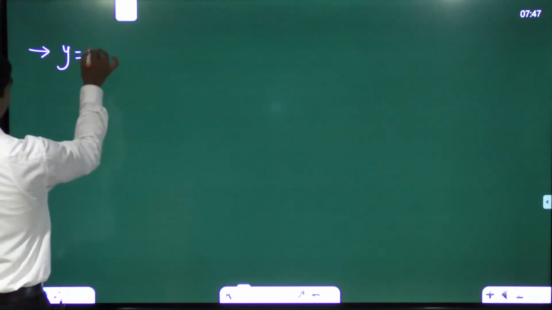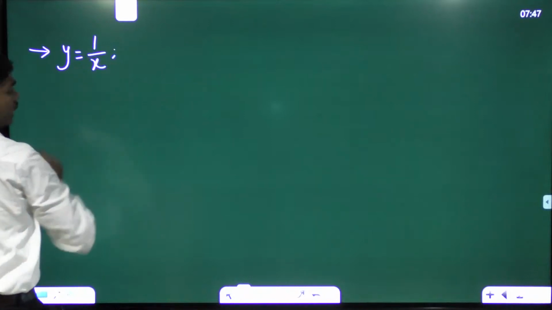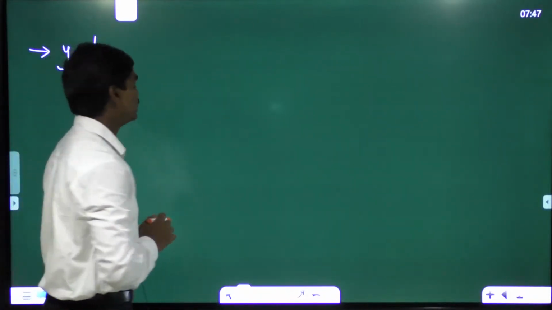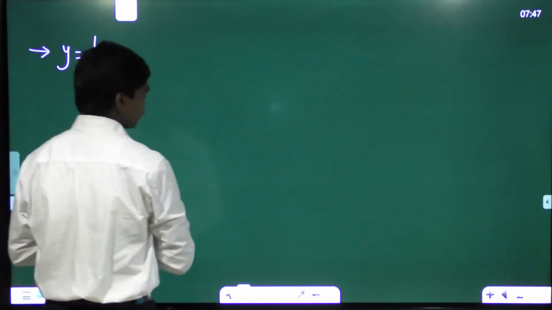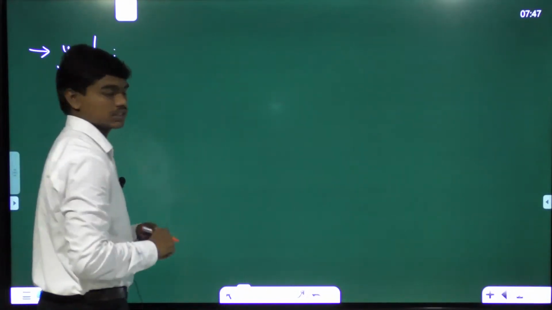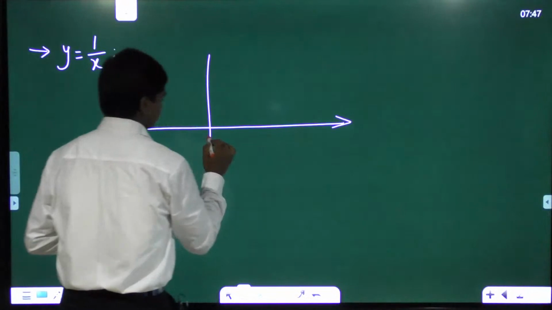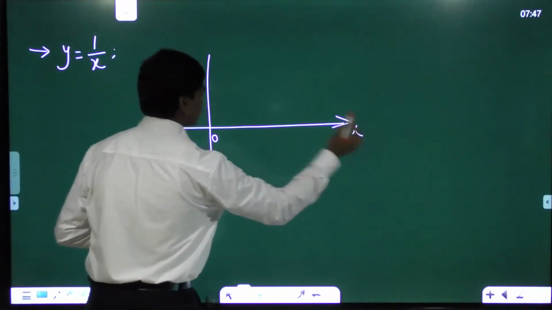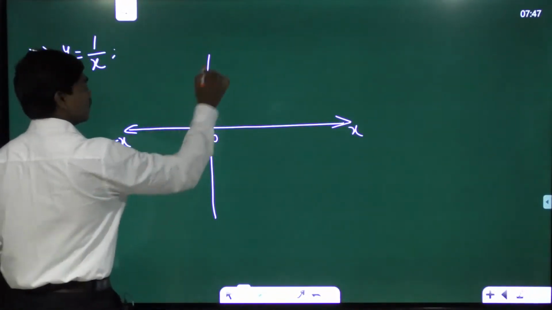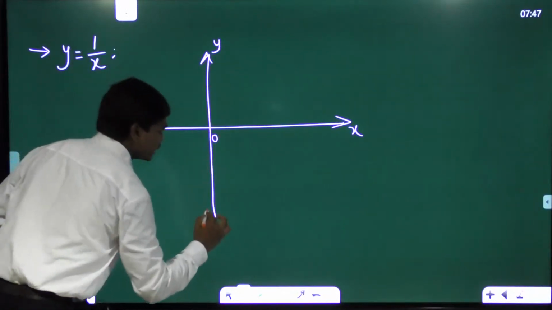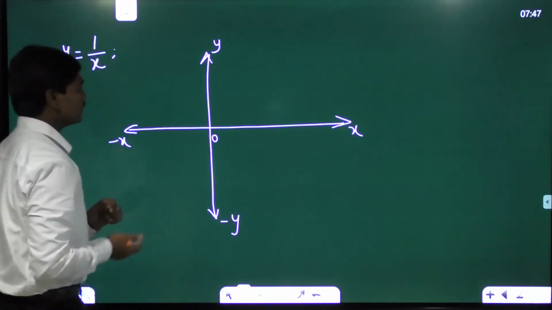y is equal to 1 by x. Now, if you want to sketch this curve, y is equal to 1 by x, first of all, the standard procedure is to set up the axes. Once you set up the axes, this is 0, x, minus x, y, and minus y. Now, one thing is very clear.